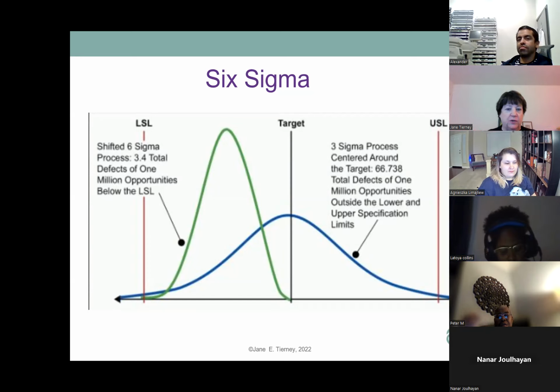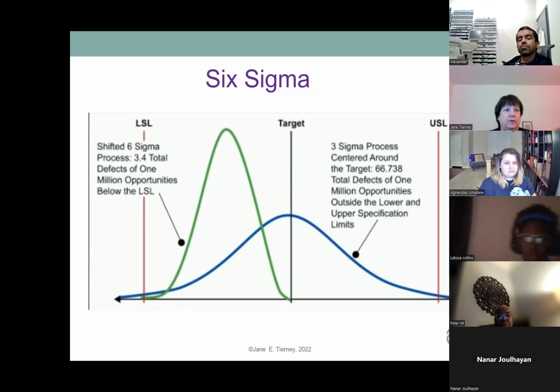We're going to either measure the length, the width, the height. We're going to measure the weight. We're going to measure the circumference or the diameter or whatever it is, but it's something that we can measure in the process. It can be time. It can be an actual physical dimension of whatever we're making. So we're going to do that.